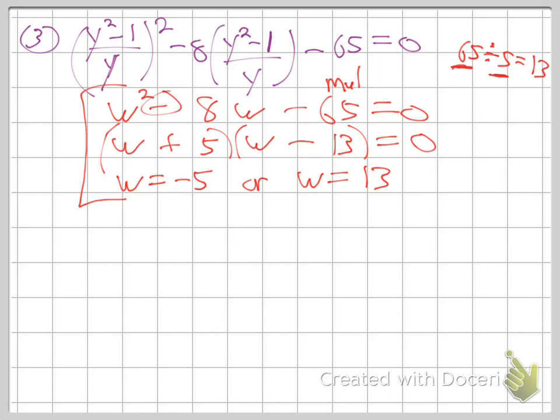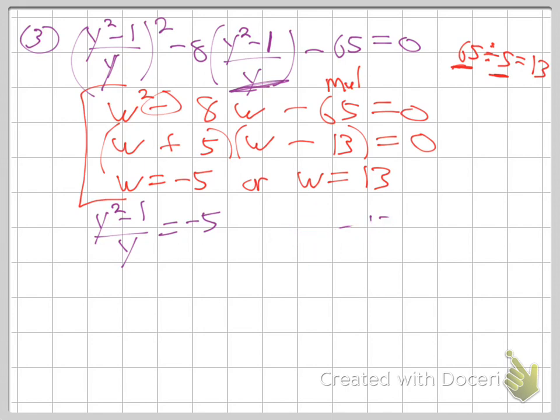Now, how do we go back to Y? It's the middle. Remember, it's always the middle. It's what's in the middle of this thing. So this becomes y squared minus 1 over y is negative 5. Y squared minus 1 over y is 13. We good?